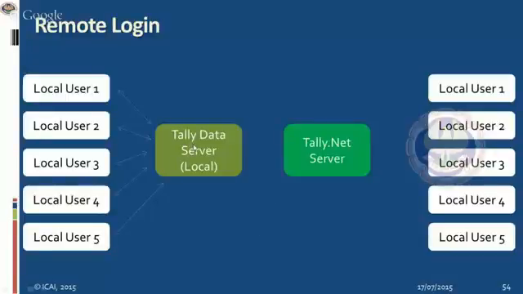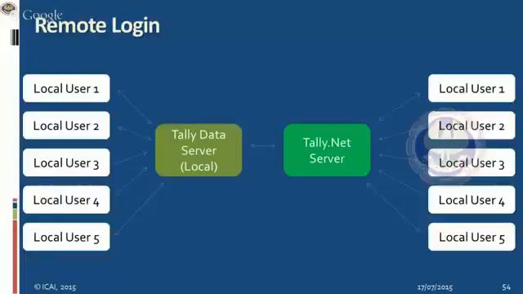So what will he do? He will access the Tally.net server first, and the Tally.net server will access the Tally data. So through the Tally.net server, remote locations can also access the Tally data, which is not stored in their own office. This feature is called the remote login feature in Tally, and this is a part of an ERP system, that even when we are not in office, we can still access the data. We may have different branches, locations and units, and these units will be communicating with the central database.